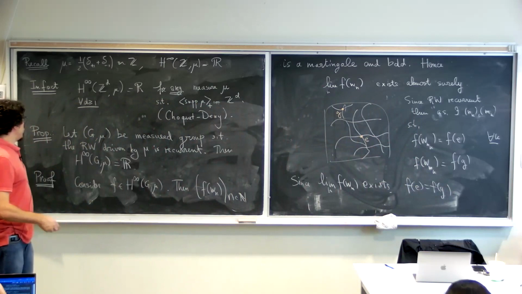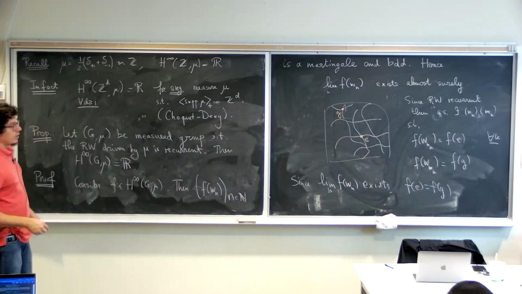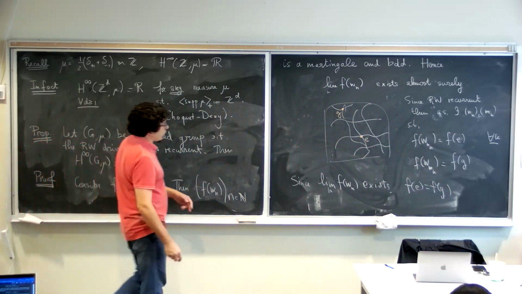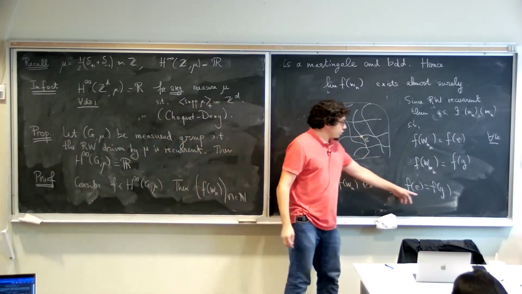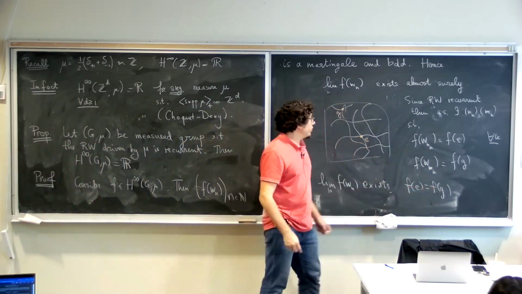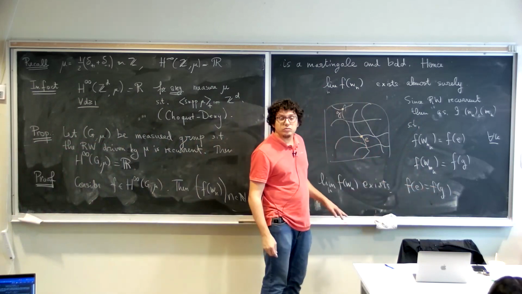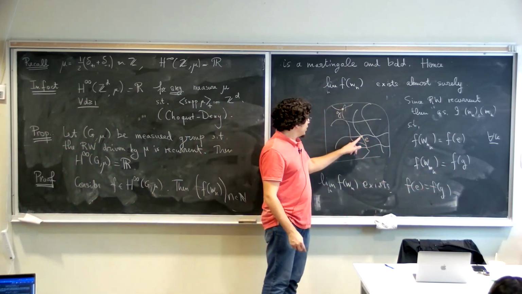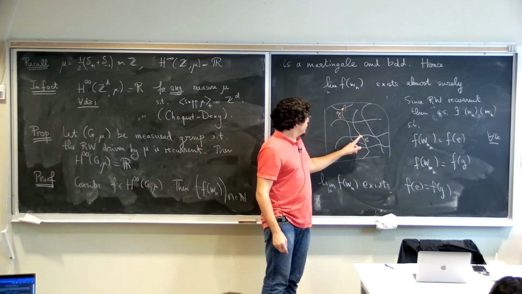What do we need from g? g has to be in the semigroup generated by the support, so that there is a positive probability path from e to g.